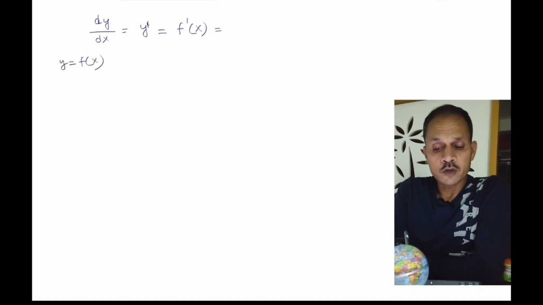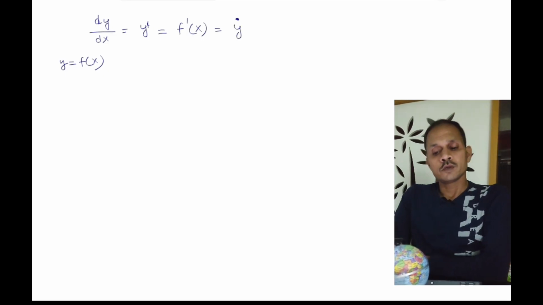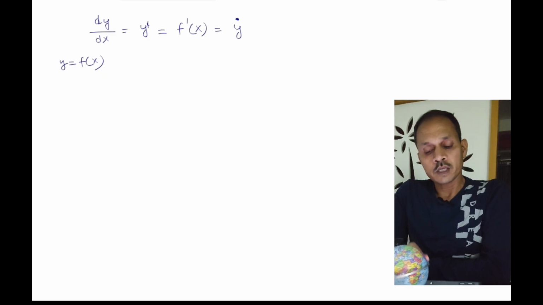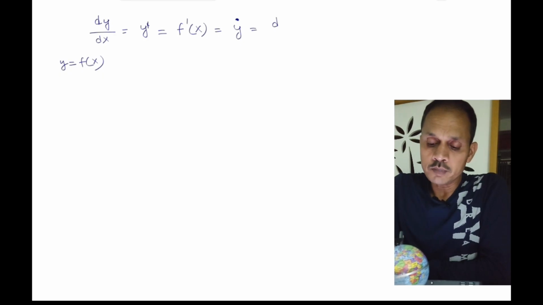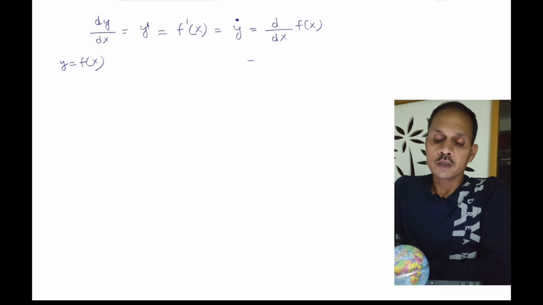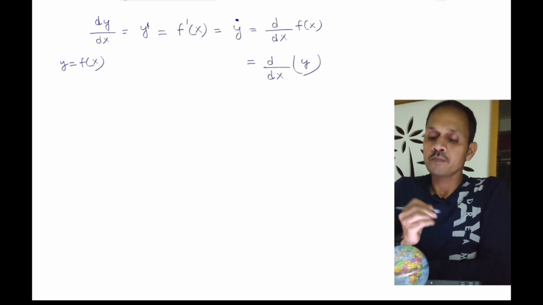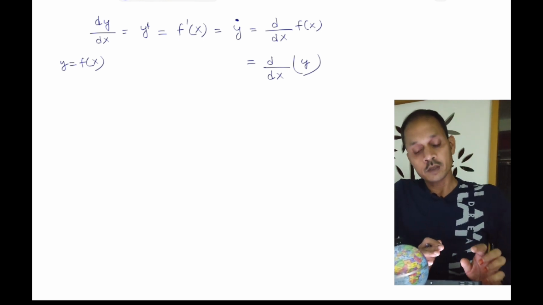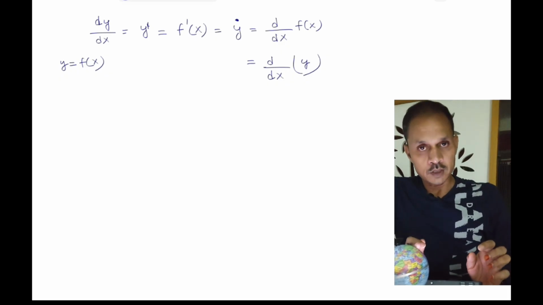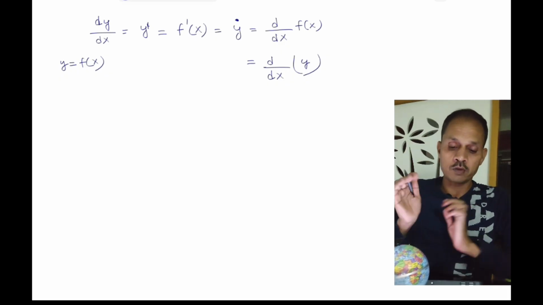You can also indicate this one as y with a dot on the head. These are various methods to indicate differentiation. You can also write like this: d by dx of f of x, or d by dx of y. All these indicate the same thing, which is dy by dx, differentiating y with respect to x.